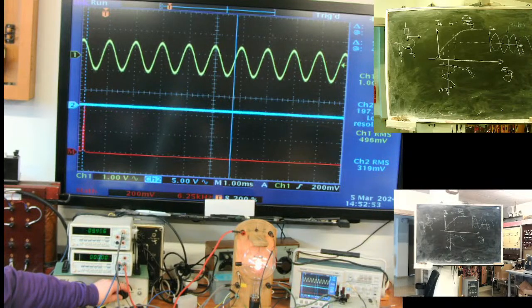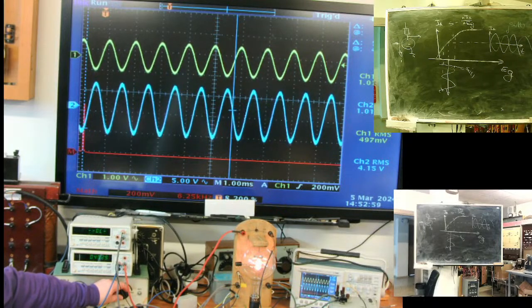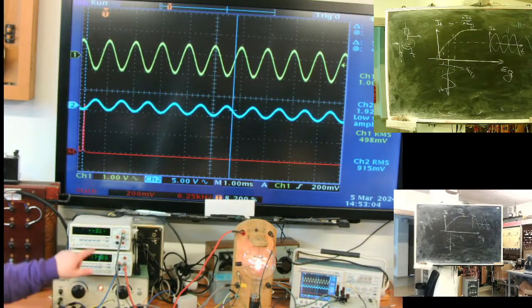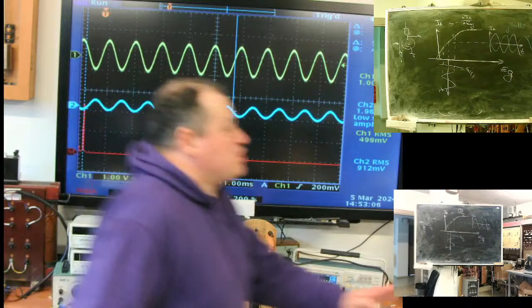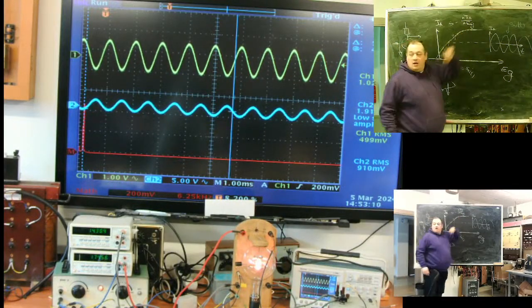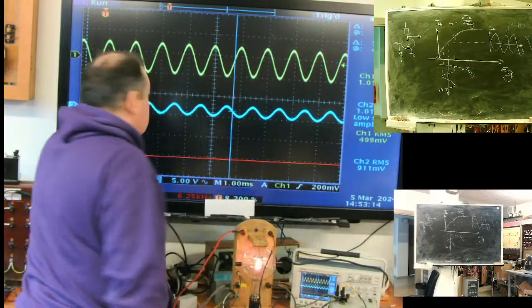I need nothing corrupted, good linearity, and 13 volts. I shifted the working point here. We see a limitation, but it's still a sine.